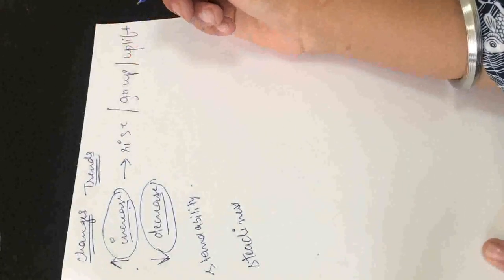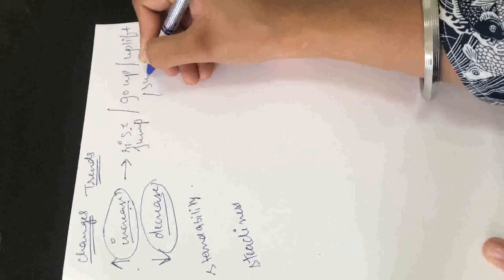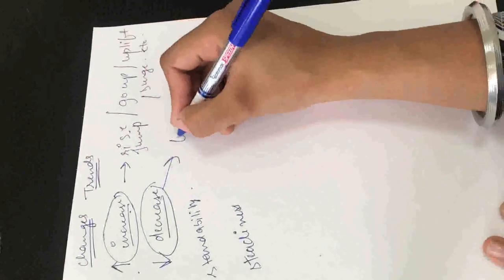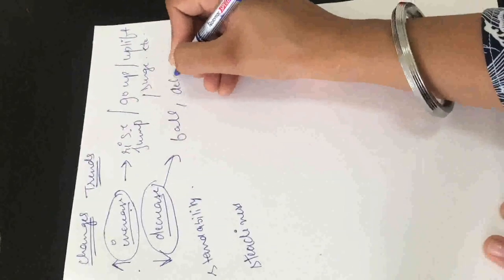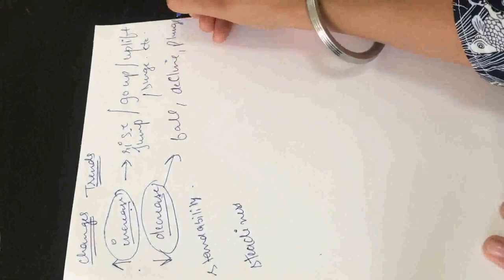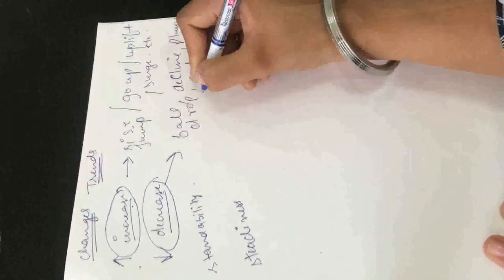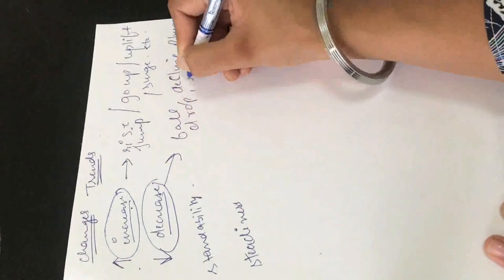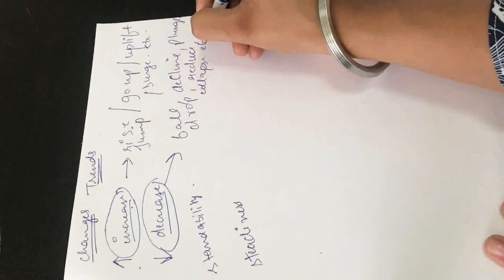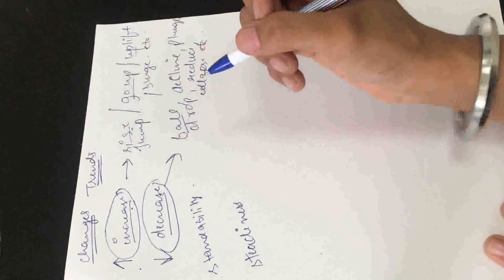Apart from this, we can write jump, surge, etc. And for decrease, we can write fall, decline, plunge, drop, reduce, collapse, and many more words. These types of words will help you to gain good bands in writing task 1.